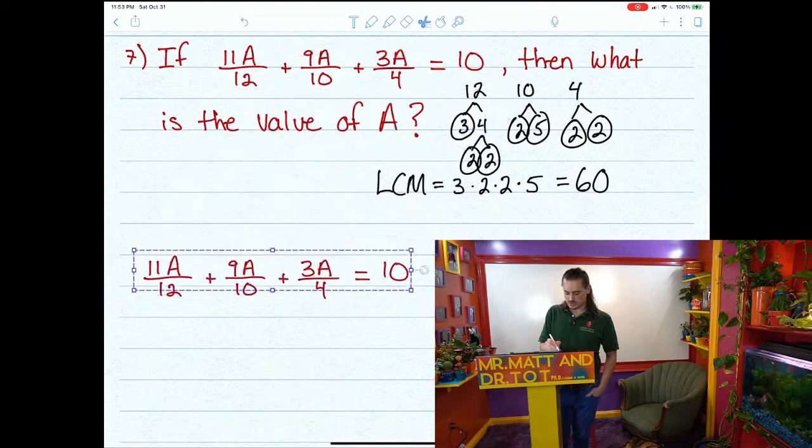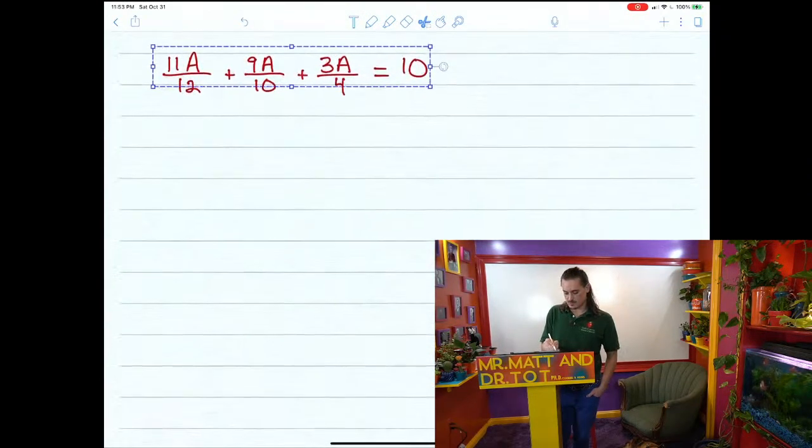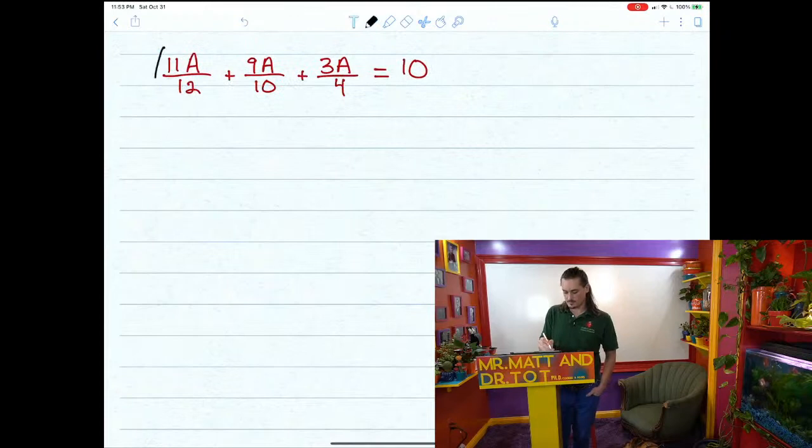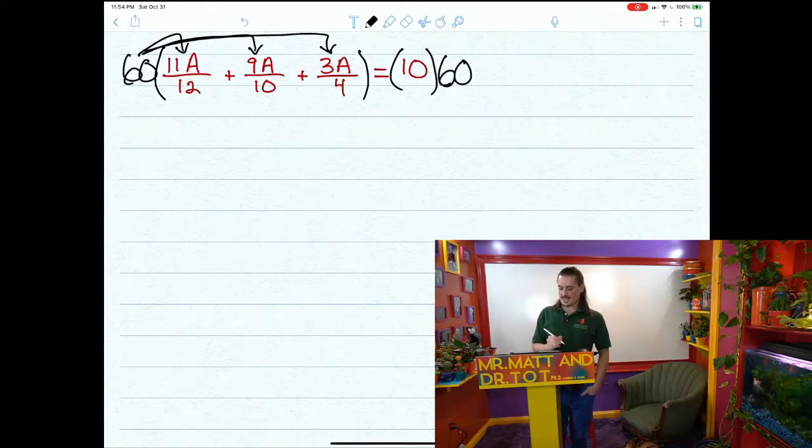So this is going to turn into 60 times 11a over 12 plus 60 times 9a over 10 plus 60 times 3a over 4. And 10 times 60 is going to be 600.